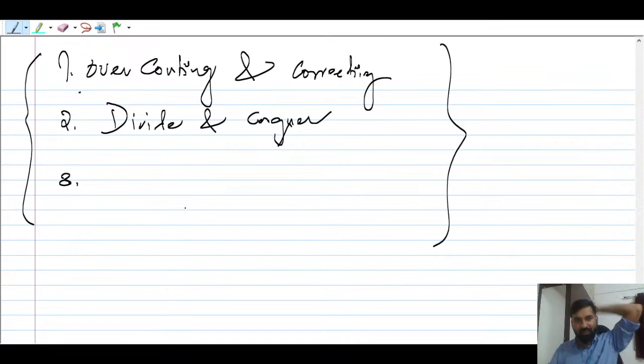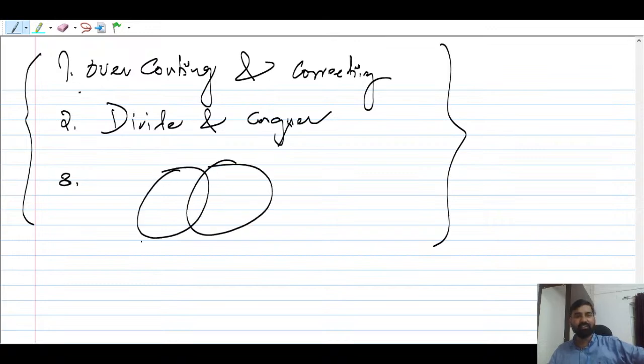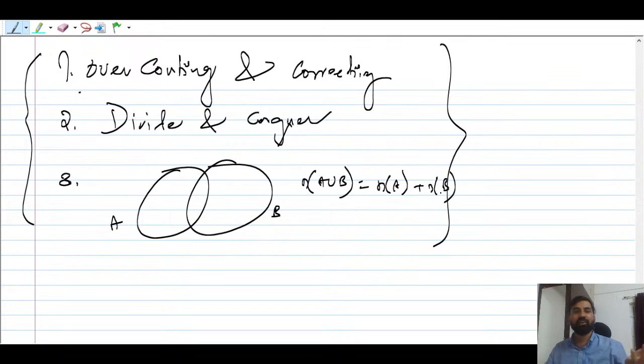The third thing to keep in mind is very important. Suppose one set is there and a second set is there. Let me call this set A and this set B. Suppose you have to find the number of objects in A union B. You count first, so you do over counting here: number of objects in A plus number of objects in B. Why over counting?